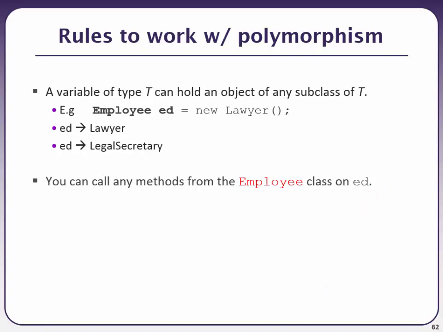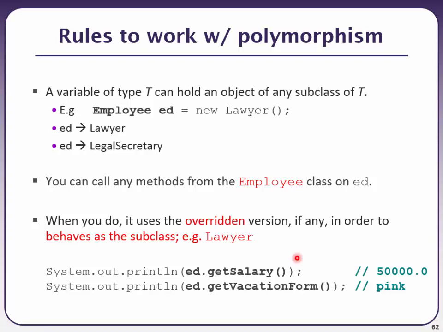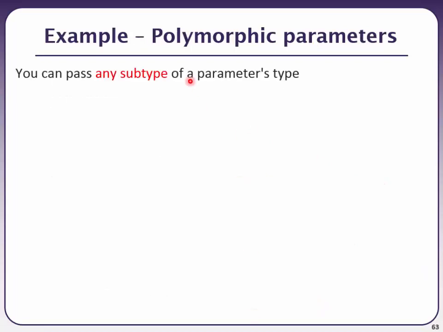And the beauty of it is that if you have overridden any method from the superclass inside your subclass, like for example, we're talking about overriding getSalary, getVacationForm in our previous videos, then automatically when you call one of those methods that are originally defined in the employee superclass, you call them on an object that is from a subclass of employee, and this object reference has been stored in head that is meant to hold a reference of type employee. Everything works as you would expect it to work. Okay? All right, so let's take an example here.